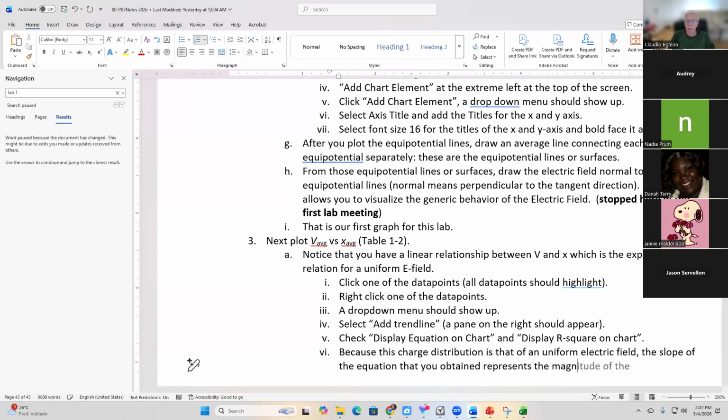Let's put here the magnitude of the electric field of this configuration. Right?